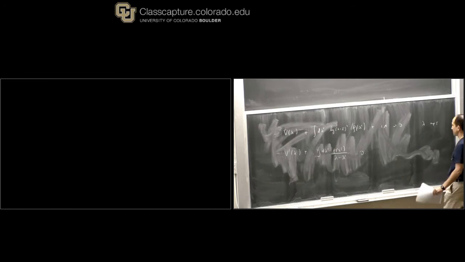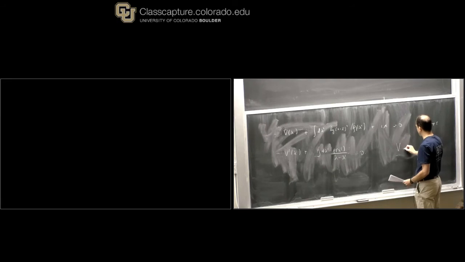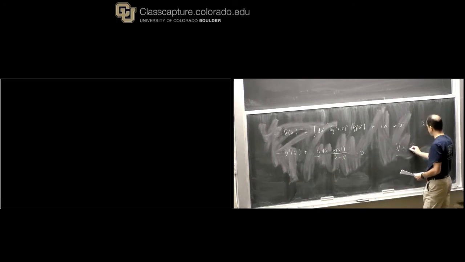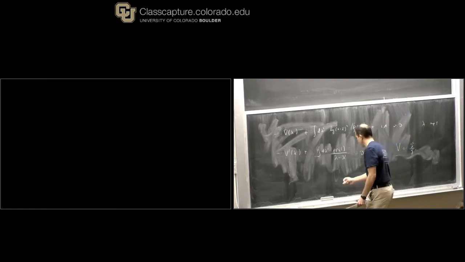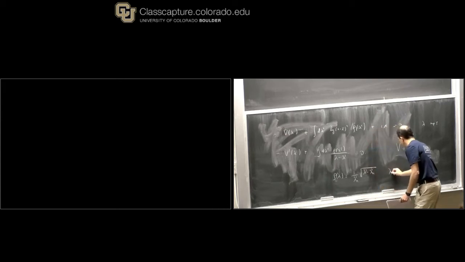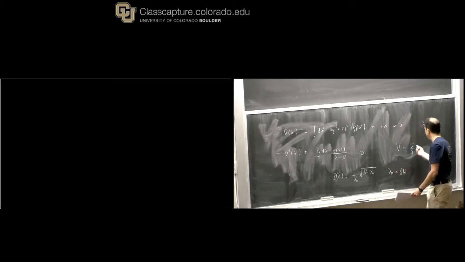Now if the potential is simply lambda squared over g squared, that's the Gaussian case. Then you can check that rho of lambda is given by a semicircle distribution, 1 over the maximum lambda squared, times the square root of lambda maximum minus lambda all squared, with the lambda maximum proportional to the 't Hooft coupling, or just this number. This is just rescaling.